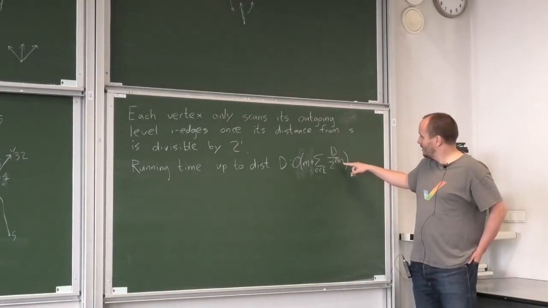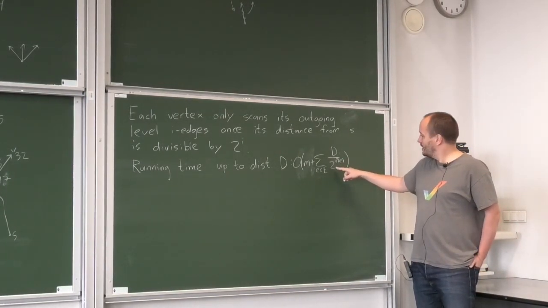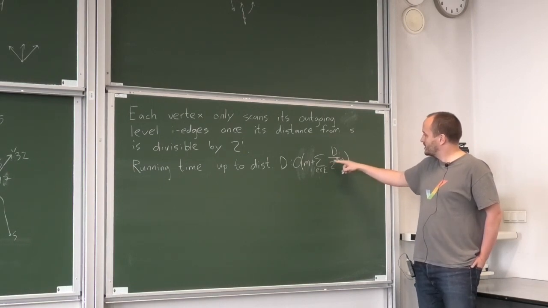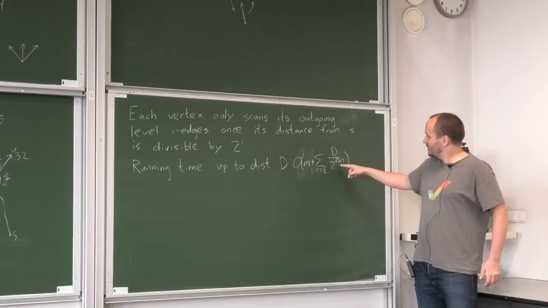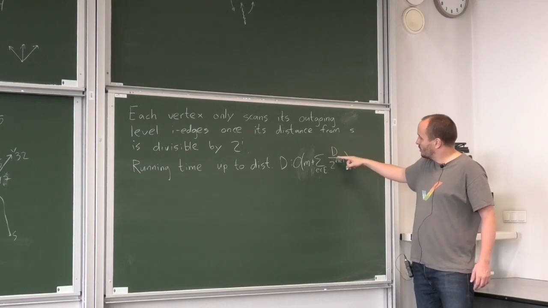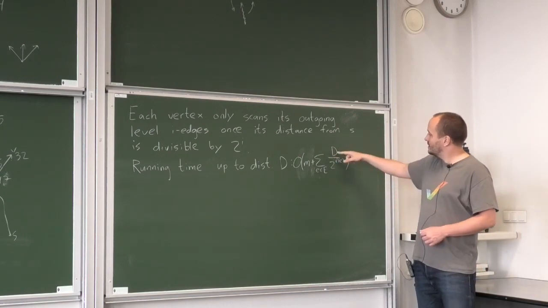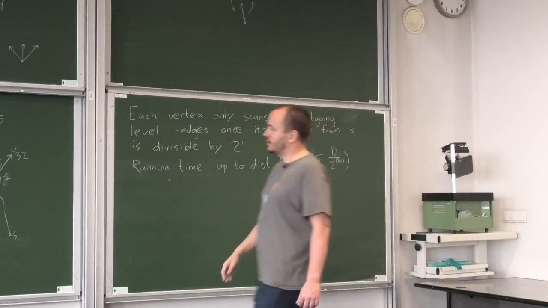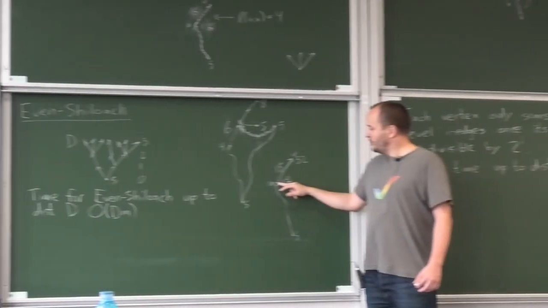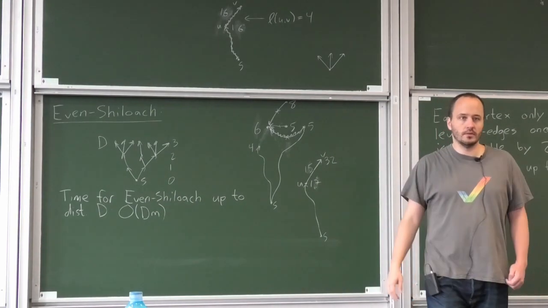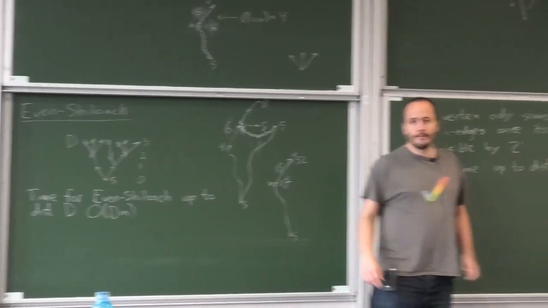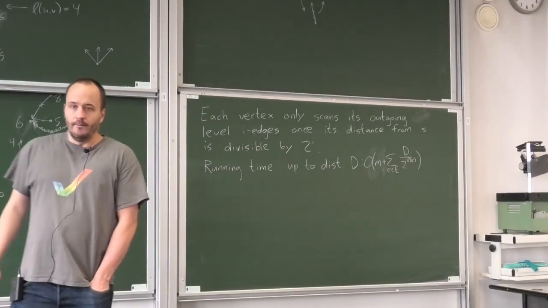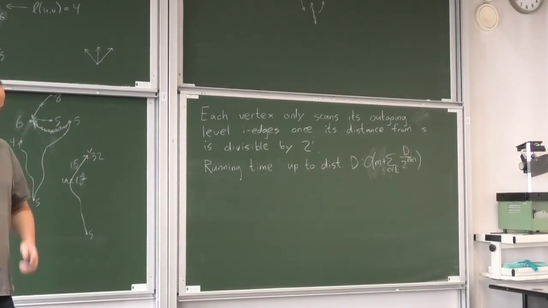If the level of the edge was 4, then this denominator is 16, and the total distance is D, but only every 16 levels of U here, it will be scanned. So therefore we get this running time bound. Okay.